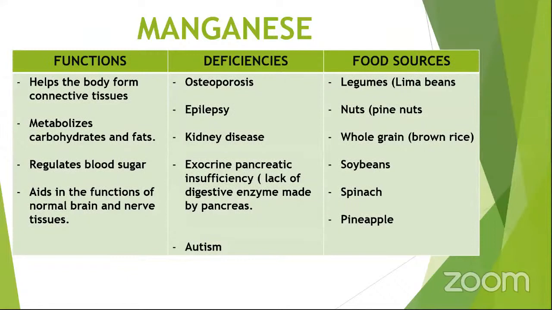Food sources of manganese. Legumes, lima beans, nuts, whole grain, and don't forget the pineapple. Well, pineapple for me, I'm scared of eating a pineapple because I don't like what they give you, a sour taste.